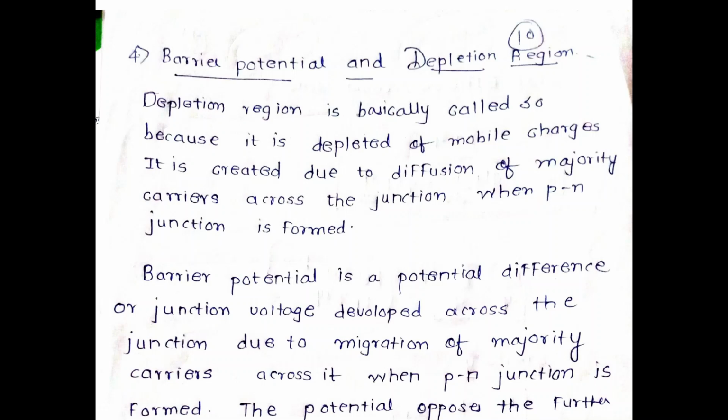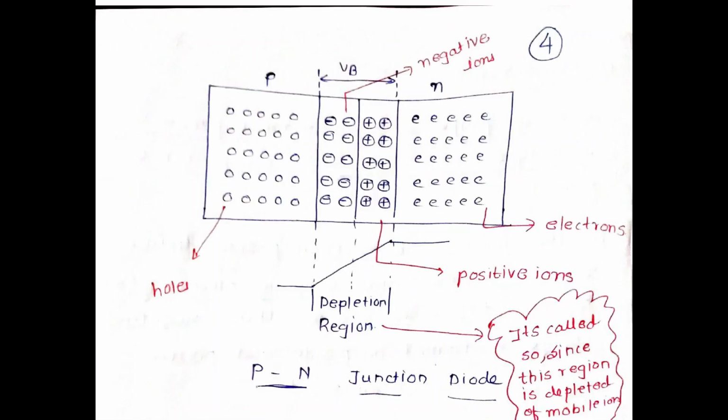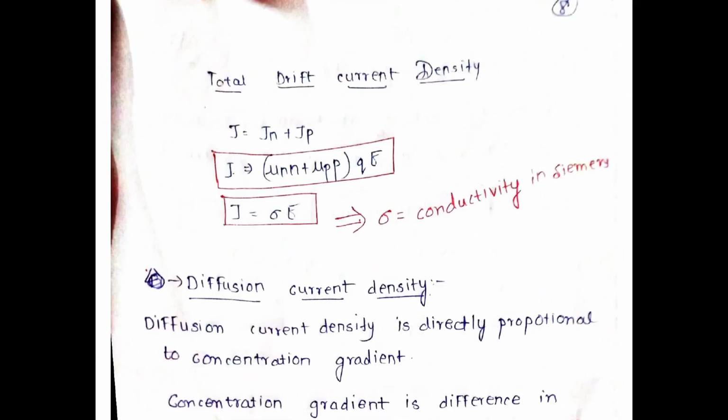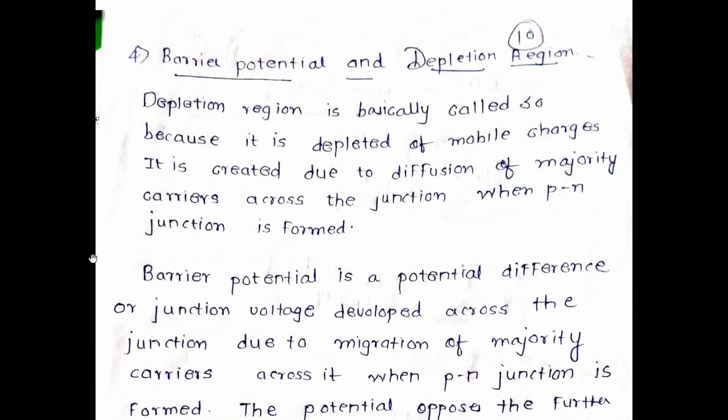So if you see, we had this diagram over here, right? This region which was formed between the P side and the N side is the depletion region, and the potential offered is the barrier potential. The depletion region is basically called so because it is depleted of mobile charges. That is, there are no mobile charges or no moving charges present in this region, and hence it is called the depletion region.